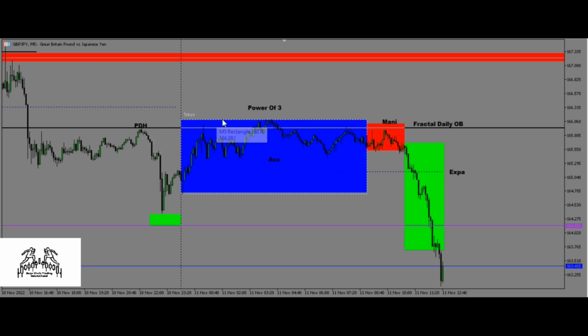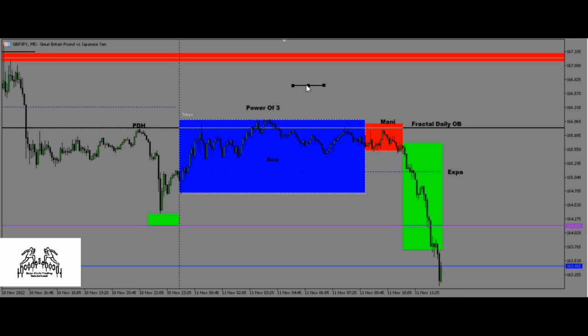And when you see this happening, you anticipate that during the London session price does not rally up, but will go straight to a phase of expansion. What are the things you are looking for as your signal while you are studying price? If the previous daily high is cleared during the Asian session, then you want to see a breaking market structure. See, this is a breaking market structure.